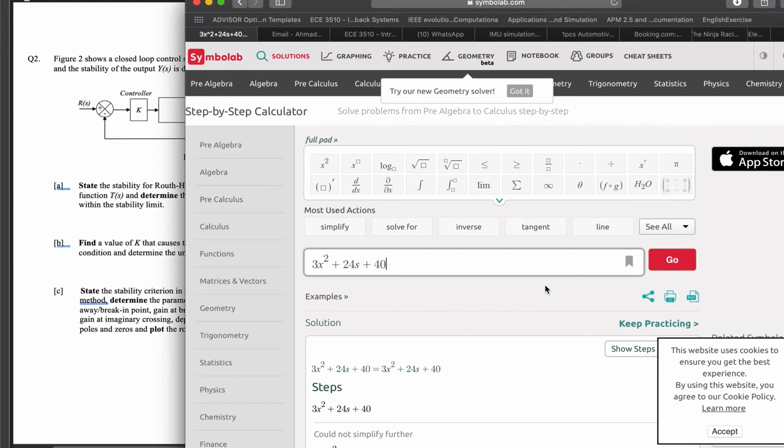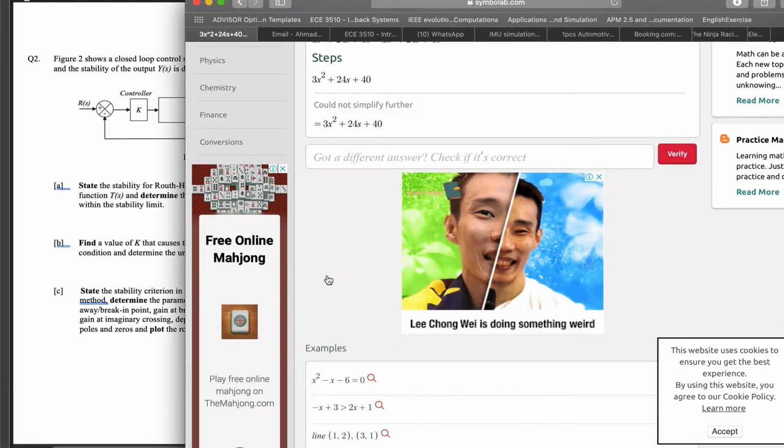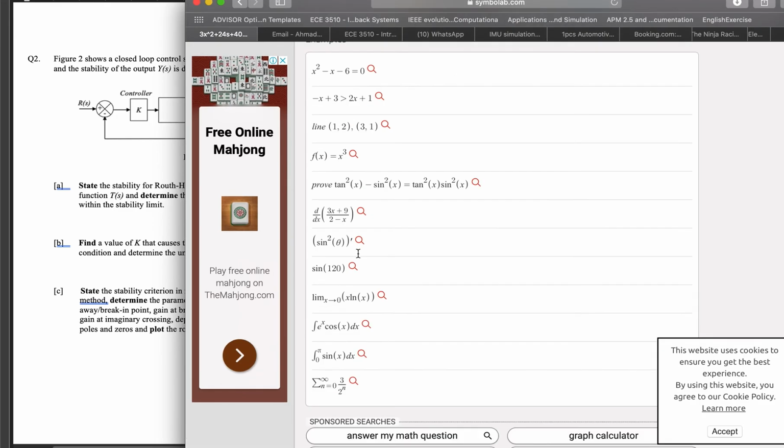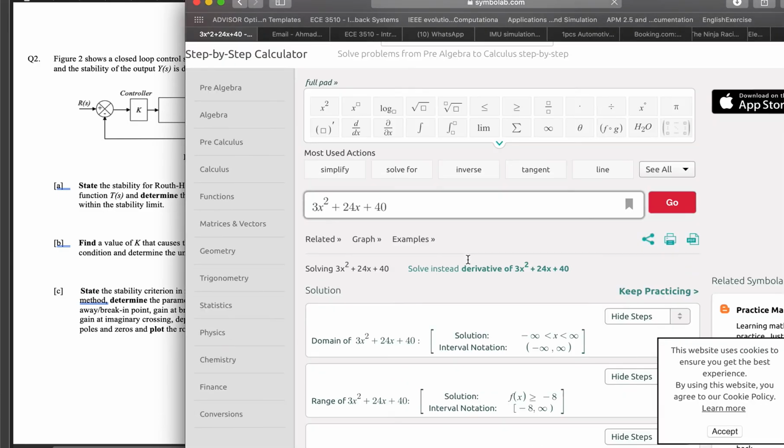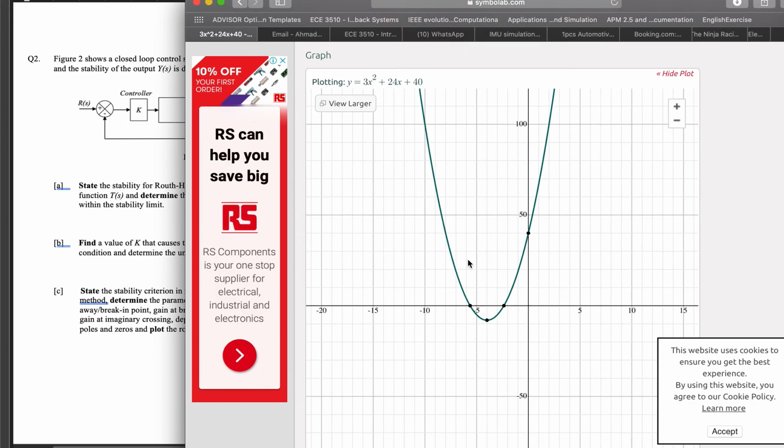Three x plus 40. Sorry, this is not s. Okay, equals, and we have something like this, right?